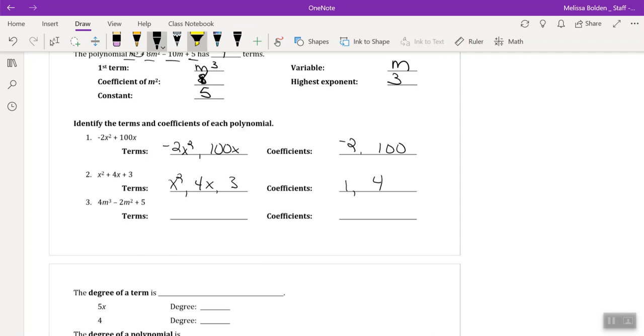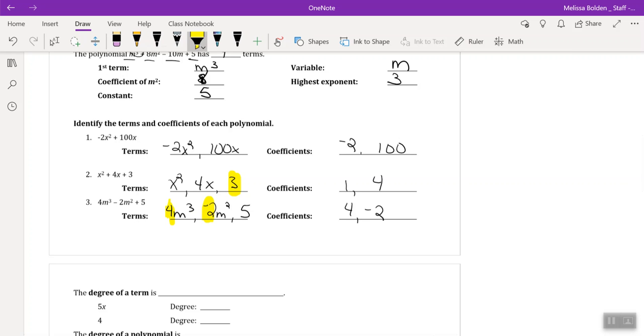Remember, we don't consider 3 a coefficient because it's a constant. In the next problem, the terms are 4m cubed, -2m squared, and 5. And then my coefficients would be 4 and -2. Because remember, the coefficients are just the numerical part of the term.